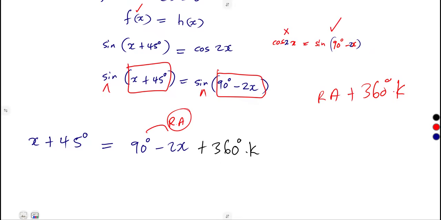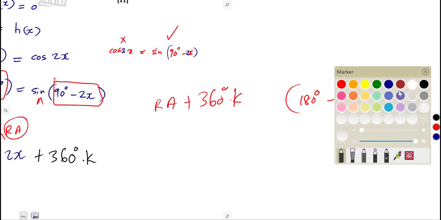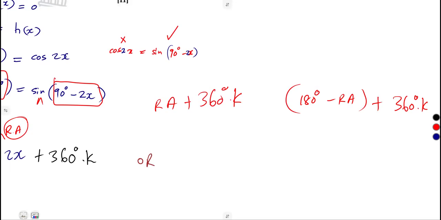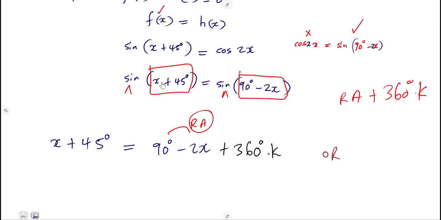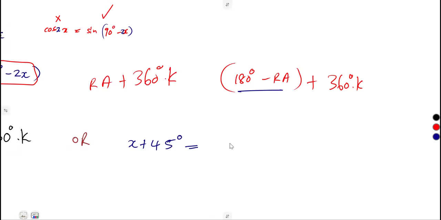But remember, when dealing with a sine, there is another solution, which is 180 degrees minus the reference angle plus 360 degrees times k. So thus we are going to have two solutions. Another solution will be taken from the same part that we had here, x plus 45 degrees, which is equal to 180 minus the reference angle.